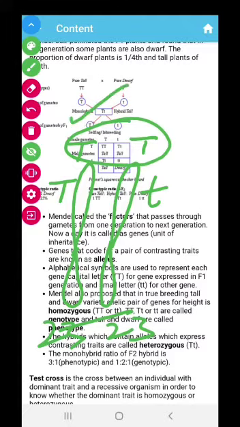And when the allele of height is different on the two, such as one capital T and one small t, it is known as heterozygous.